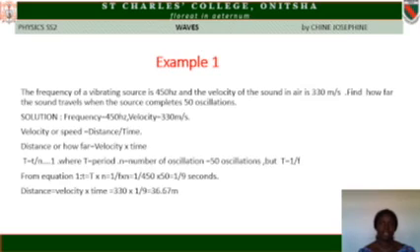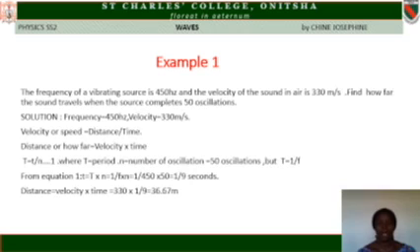Let's take an example. Example 1. The frequency of a vibrating source is 450 Hz and the velocity of the sound in air is 330 meters per second.